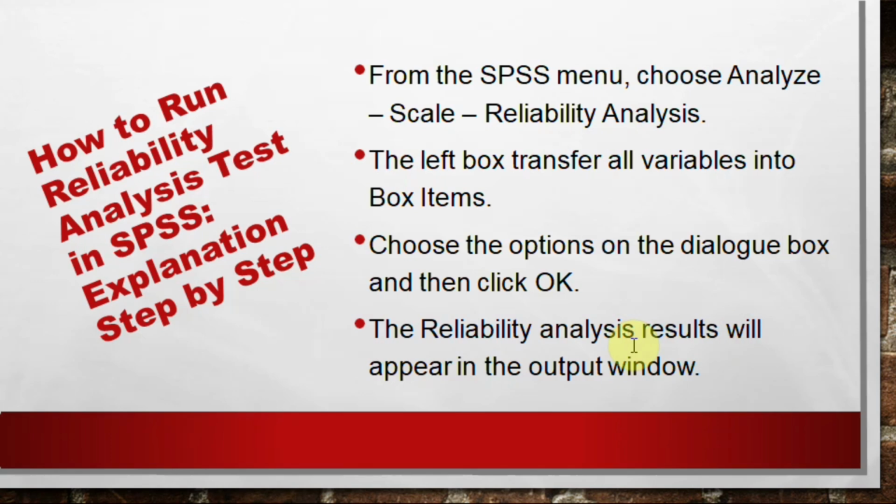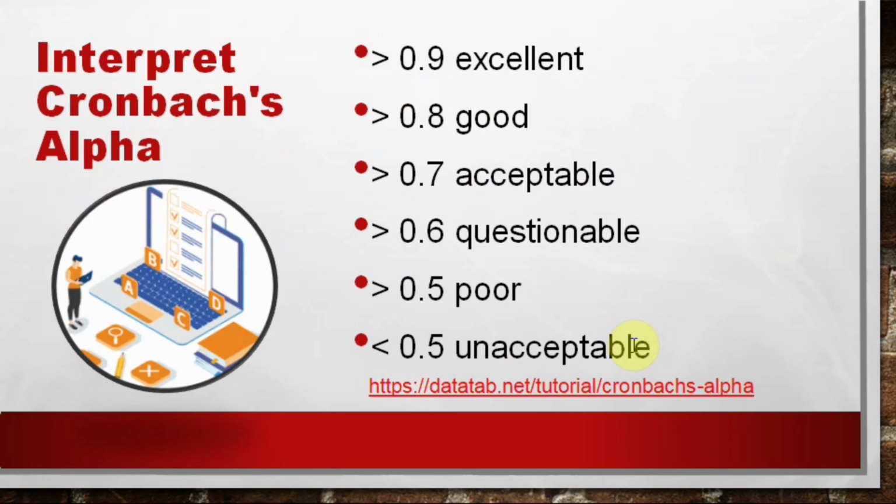Now, how do you interpret that result? You may see different materials giving different scales, different categories, of acceptability. But this is what I prefer to share with you here. But whichever one you are using, it is advisable that you cite the source of the measurement.